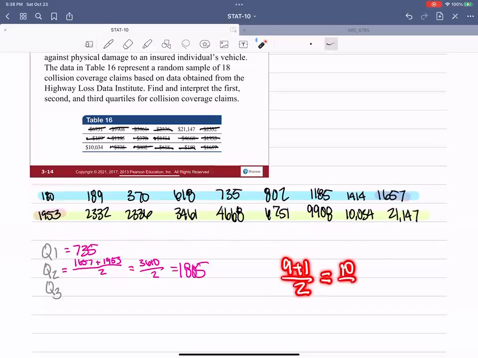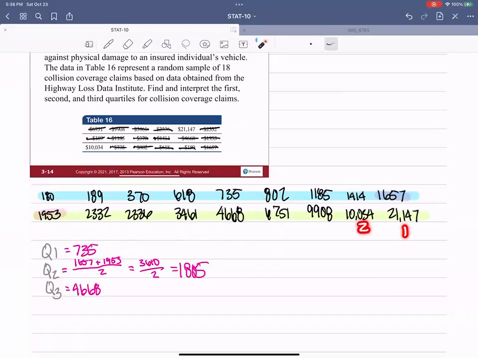So that's 10 over 2, which is 5. So the fifth number, and the cool thing is we can count either forward or backwards. So we have 1, 2, 3, 4, 5. So it's that 4,668.